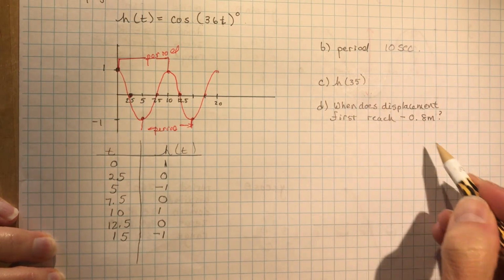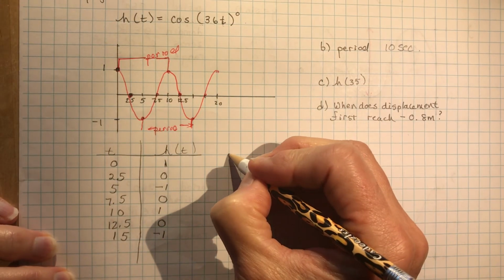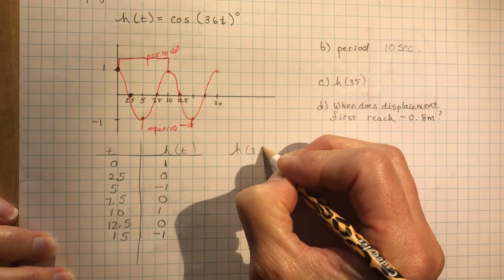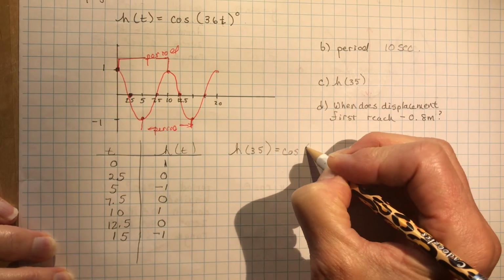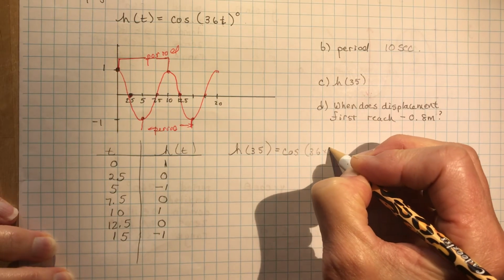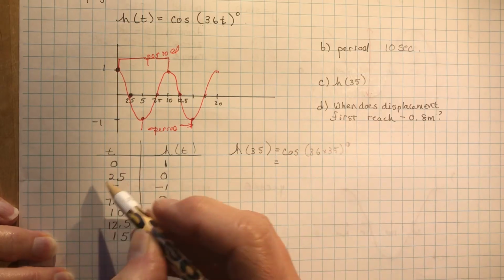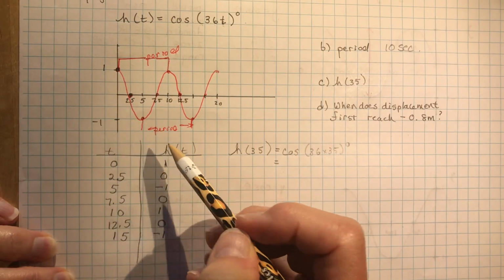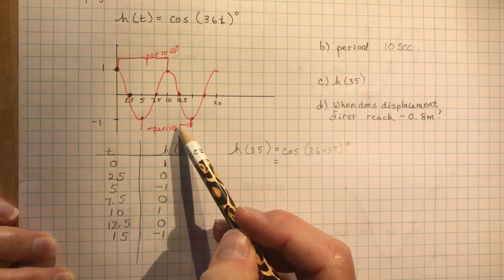What is h at 35? Well, that's just like what we're doing here. So you would plug in h at 35. Remember your function notation? So that's the cos of 36 times 35 degrees. And you might be able to figure out what that's going to be, knowing that the period is every 10 seconds.